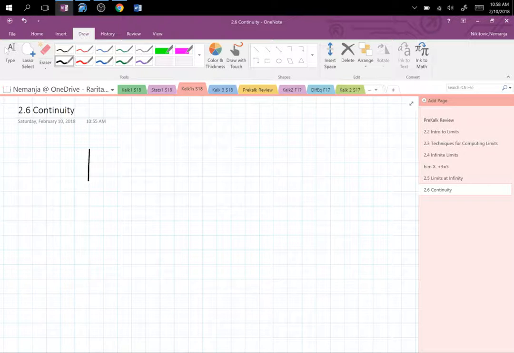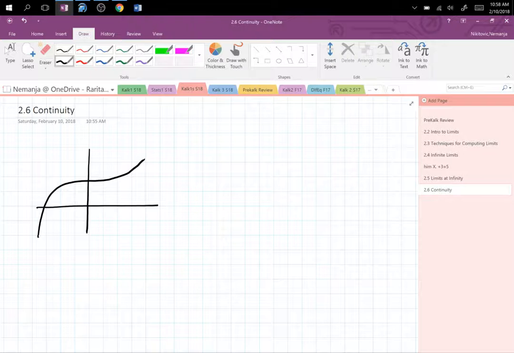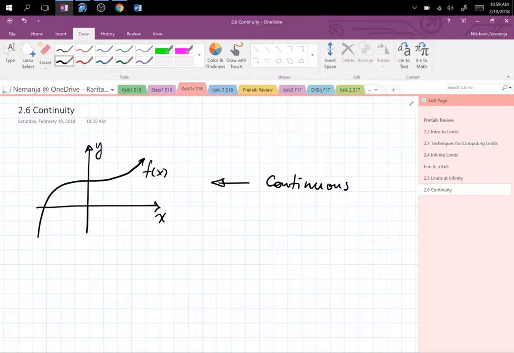But then again, in the most basic idea, if you have a line that has no vertical asymptotes, no open circles, and no jumps, technically you have a continuous function. So f of x could be represented as a continuous function like this. So I'll just put here, say, continuous.